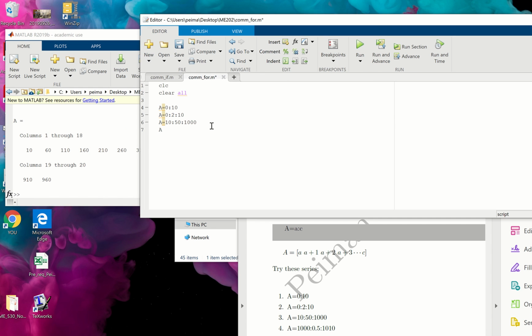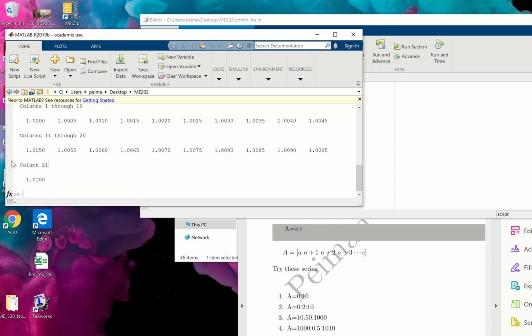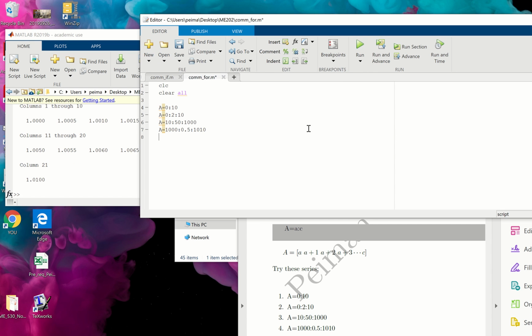Or A equal to 1000 with an increment of 0.5 to 1010, so you're going to have bigger vectors, right?